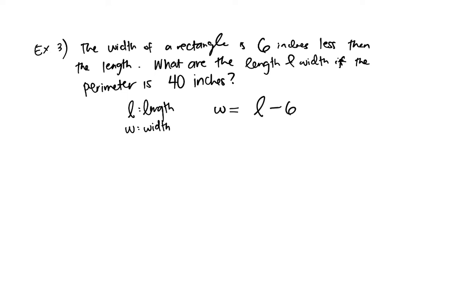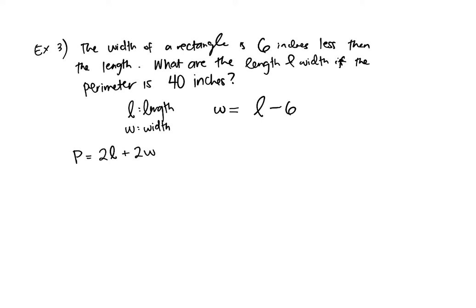If the perimeter is 40 inches, there's a certain equation for perimeter, and perimeter is just 2 times the length plus 2 times the width. And to solve an equation, you have to have one variable. So see that I have both P, L, and W here. I'm going to try to fill in what I can so that I only have one variable.